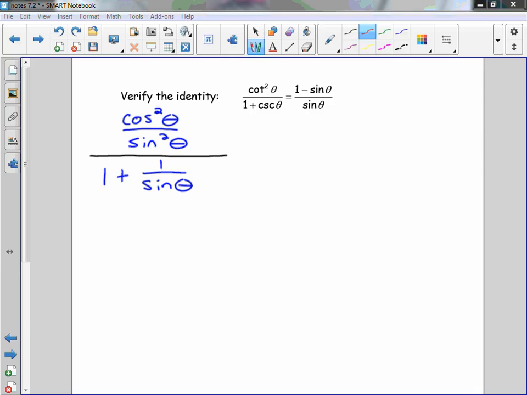All right. Now, what bothers me about this, besides that it looks hideous because we have fractions within fractions, right? So I want to get this denominator within the numerator to go away, and I want to get that denominator within the denominator to go away. Okay?